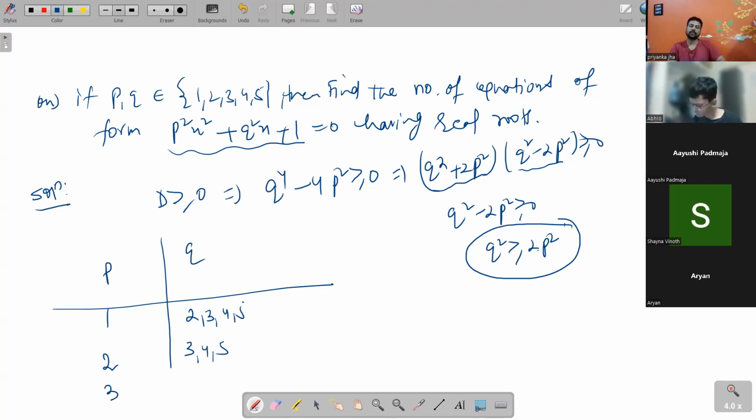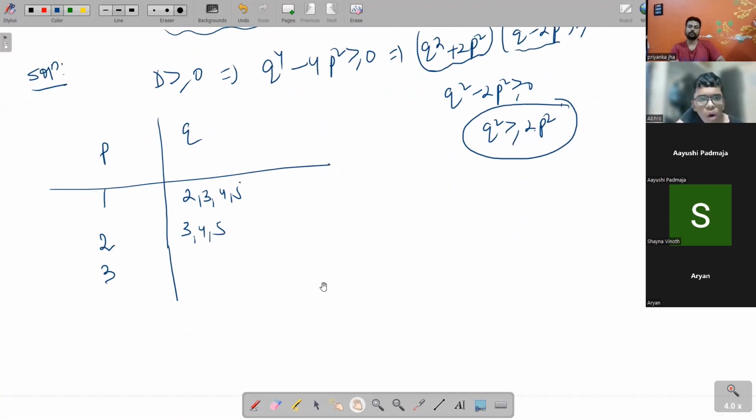And if you take p as 3, q you can take. Sir, a square minus b square, so q square plus 2p will be there, right? It won't be 2p square.